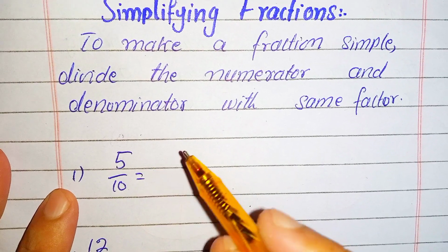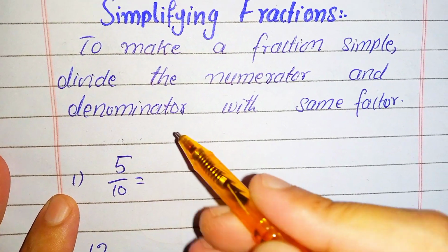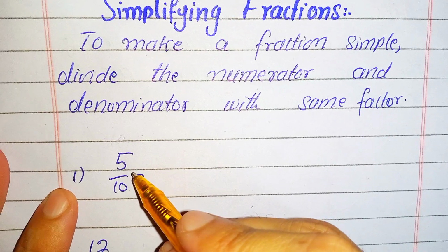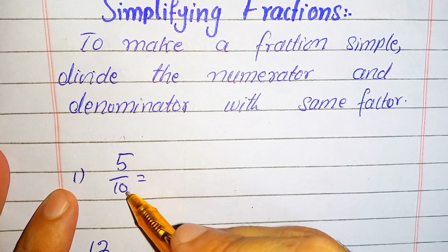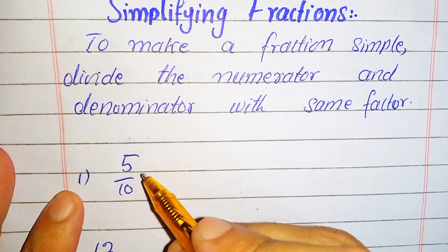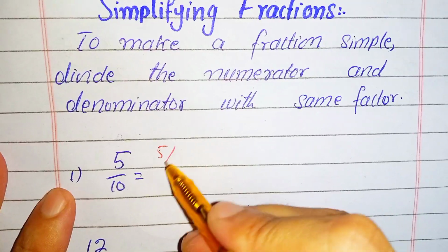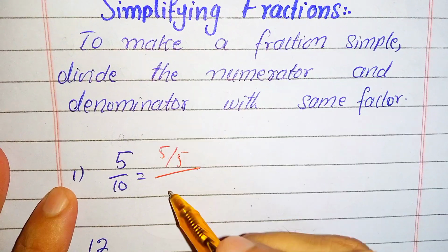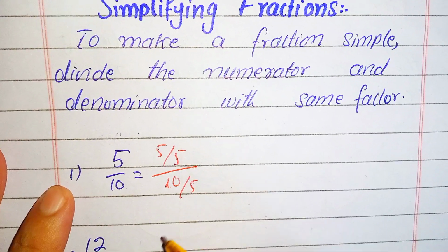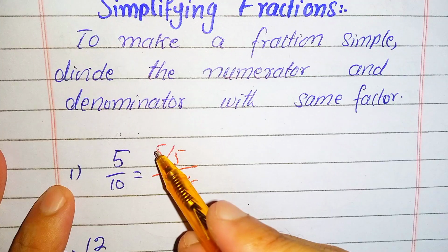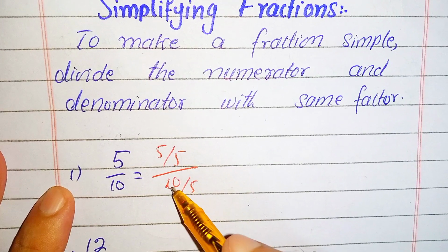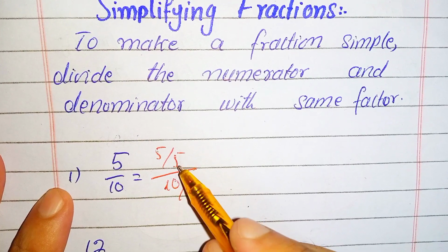For example, 5 over 10 can be divided by 5. So I will divide the numerator and the denominator with the same factor, which is 5. So 5 over 5 divided by 10 over 5. We divided the numerator 5 and the denominator 10 with the same factor, which is 5.